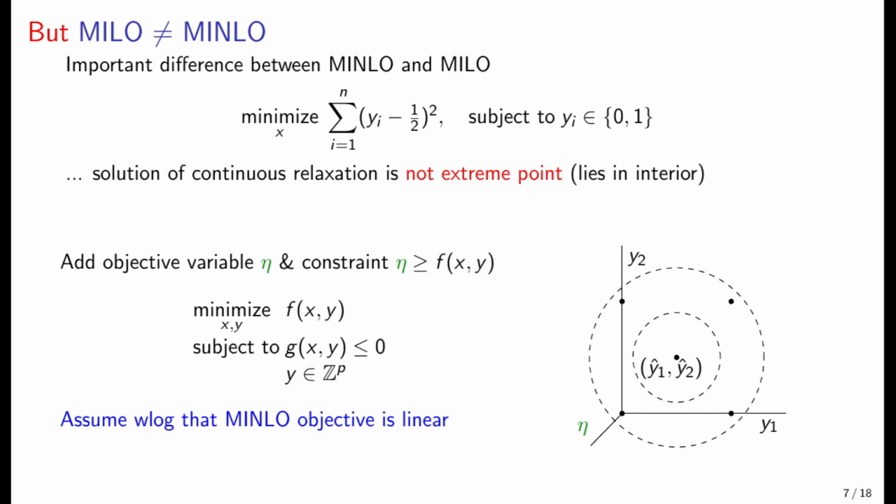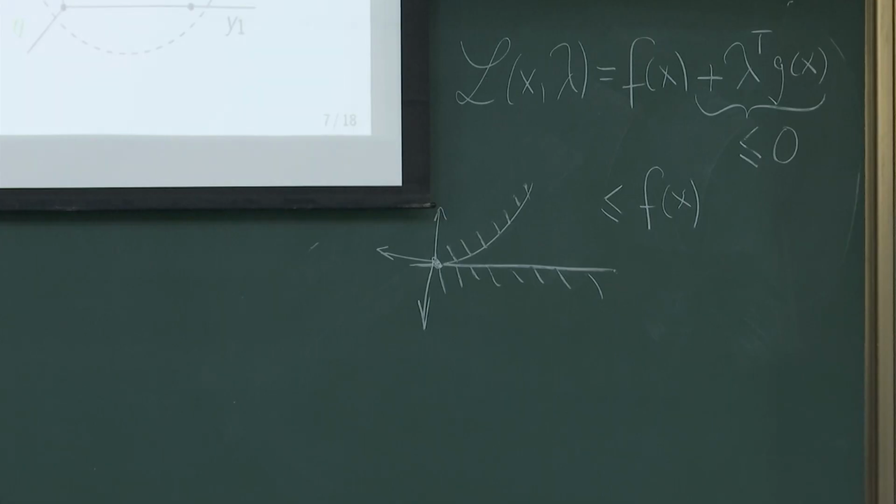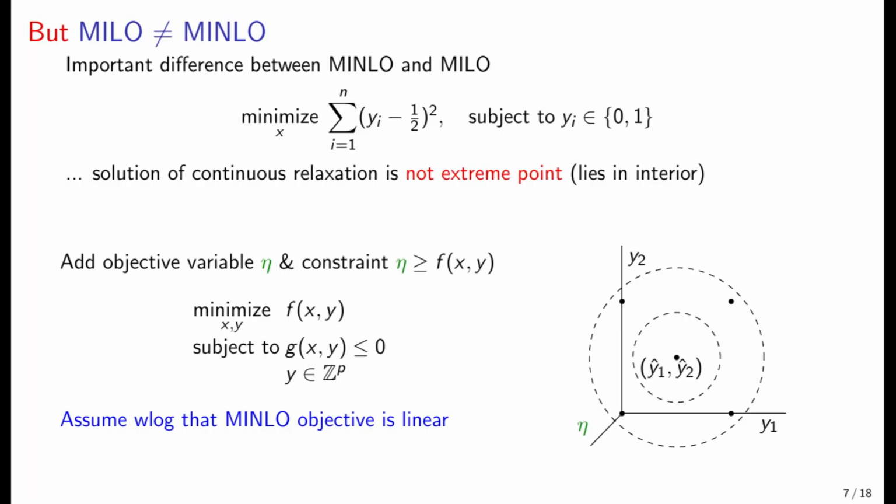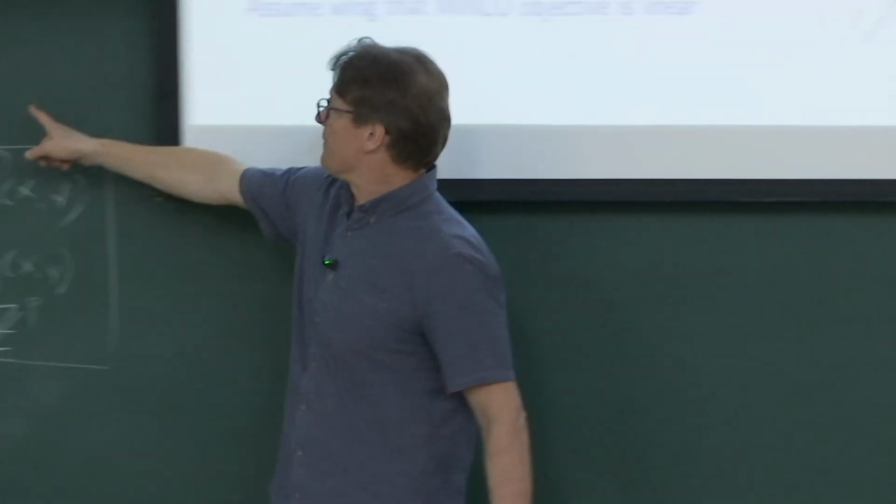But if I now lift this problem and introduce this additional variable eta, then I get a problem that now has a linear objective function.